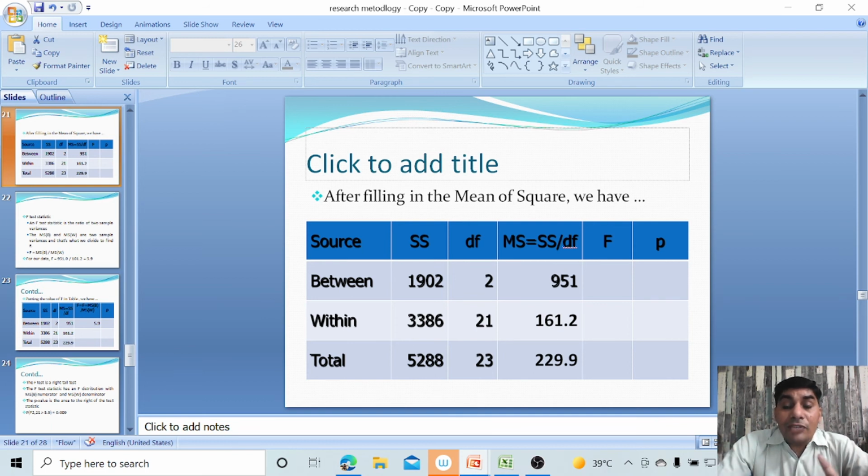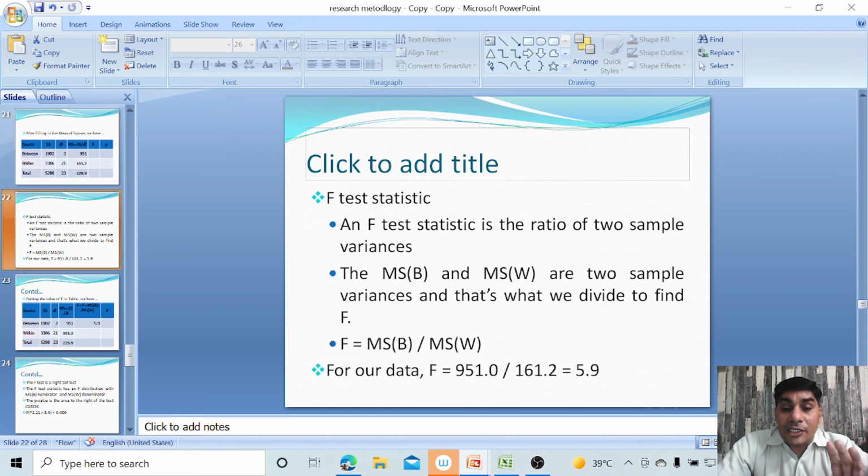Now in the next step we have to find the F statistic. An F test statistic is the ratio of two sample variances. The mean of the square between groups and the mean of the square within the group are the two sample variances, and that's what we divide to find F. That means F is equal to MSB divided by MSW.